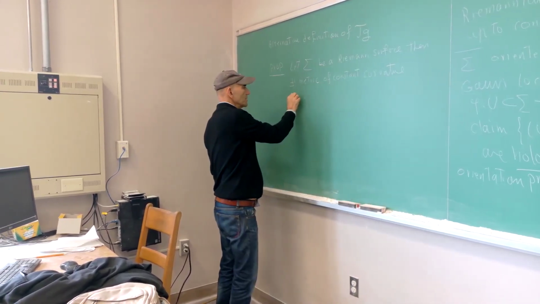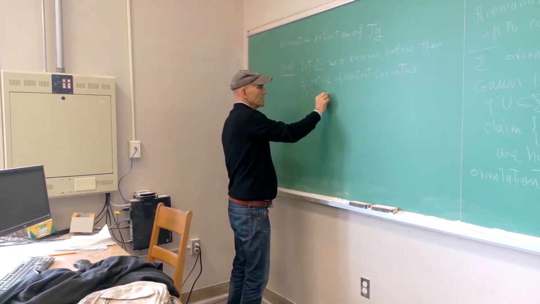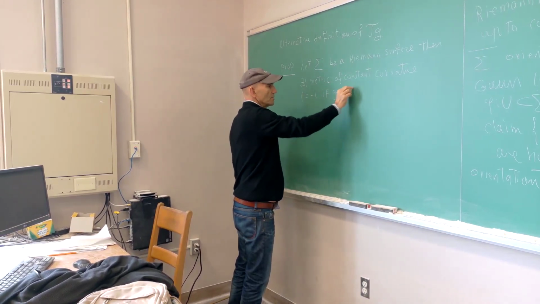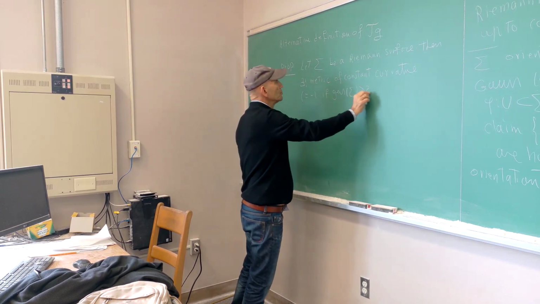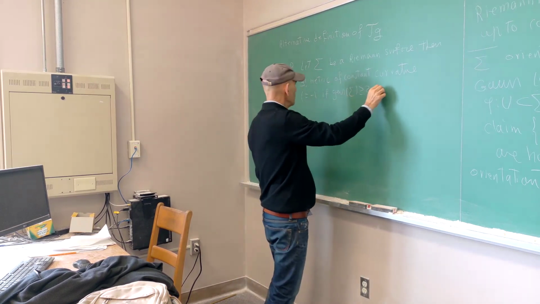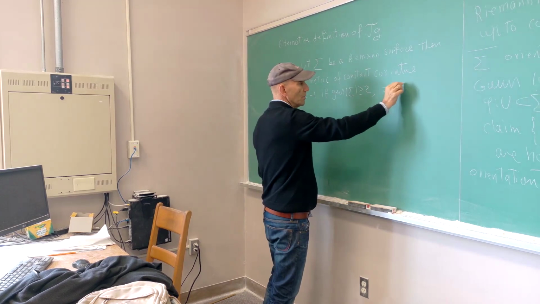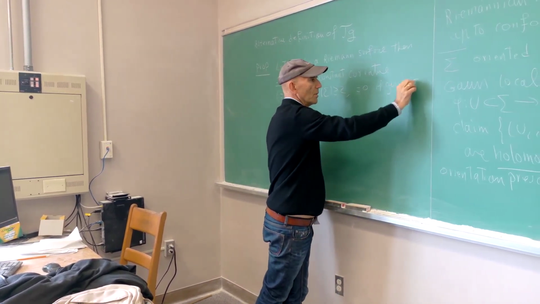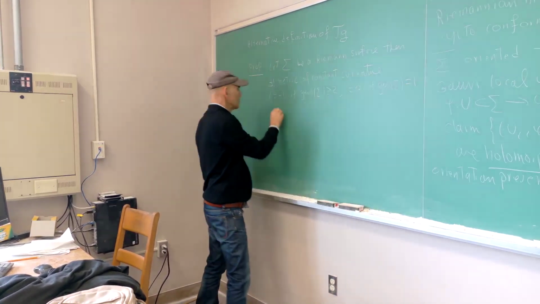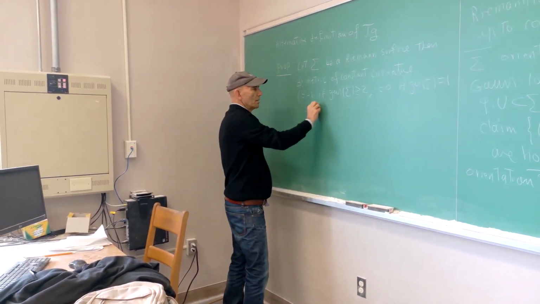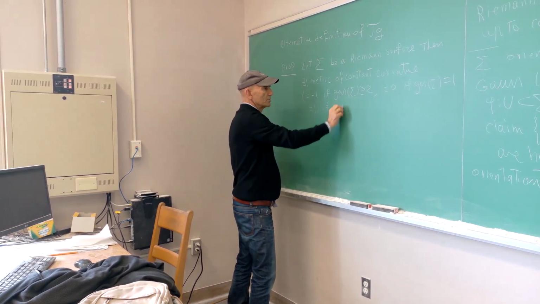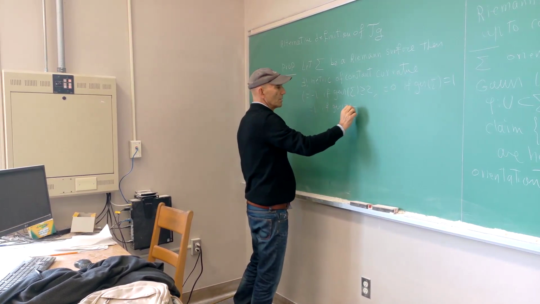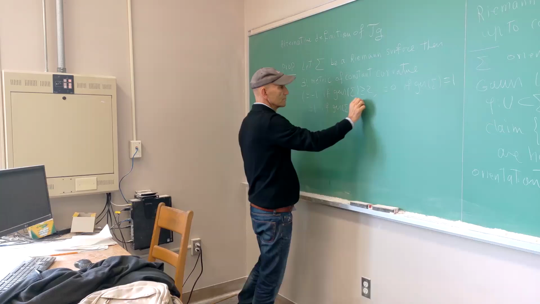so this constant curvature is equal to -1 if the genus of sigma is bigger than or equal to 2, equal to 0 if the genus is equal to 1, and equal to 1 if the genus of sigma is equal to 0.